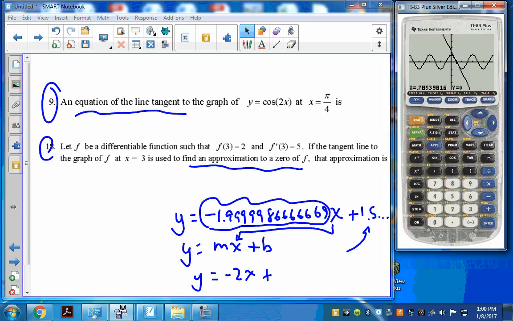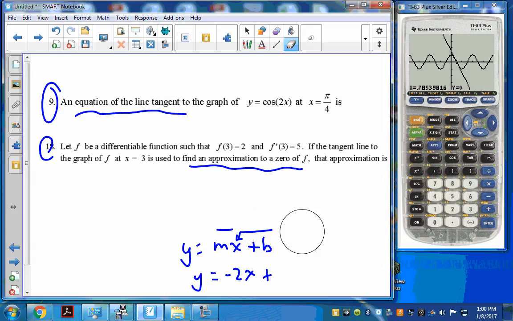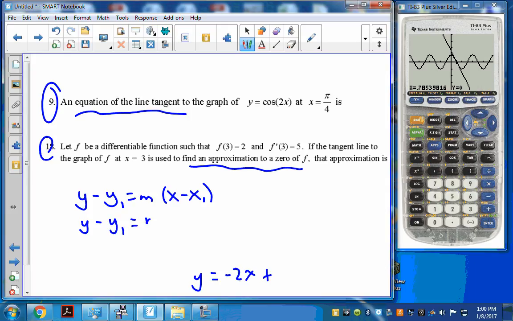Now, on your exam, you were not allowed to use a calculator, so we had to work through this using the idea of point slope form, y minus y1 equals m times x minus x1, and I had given you the x1, so x minus pi over 4 was given in the problem.